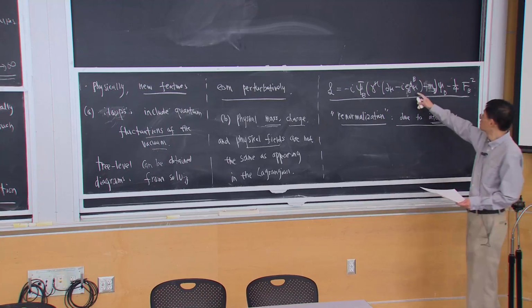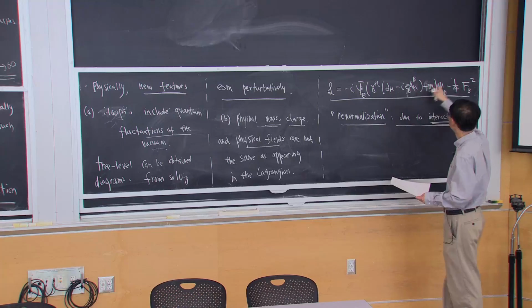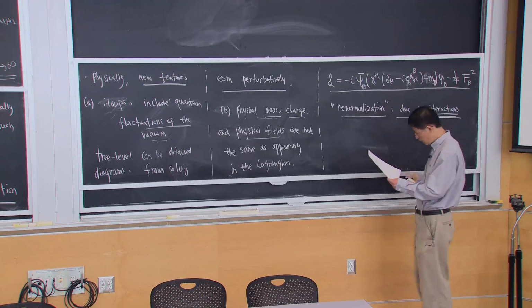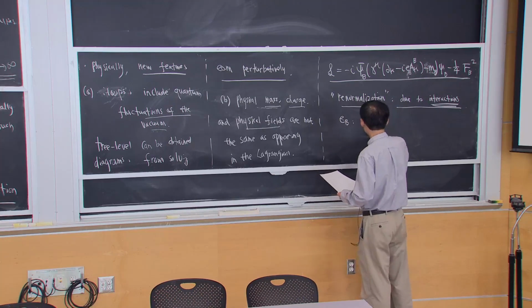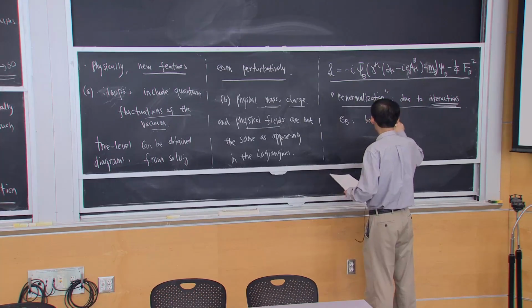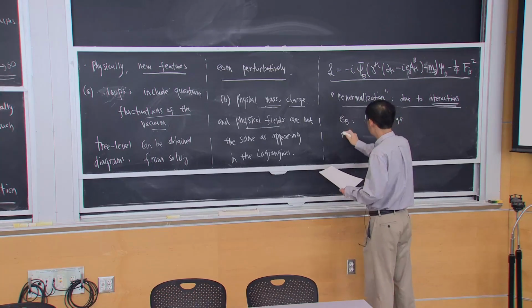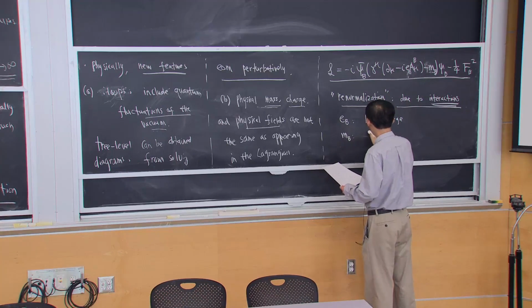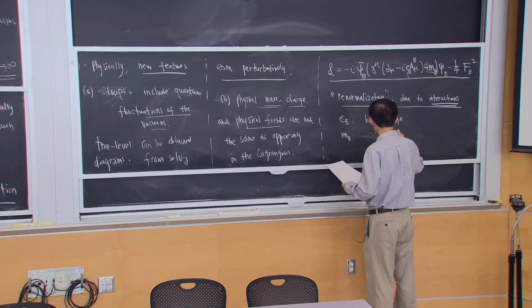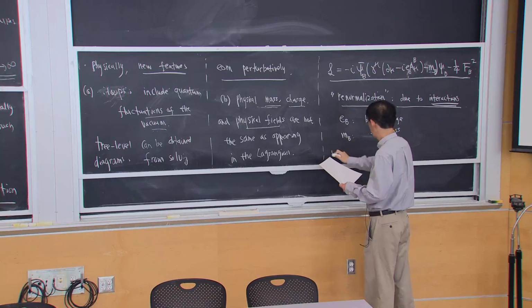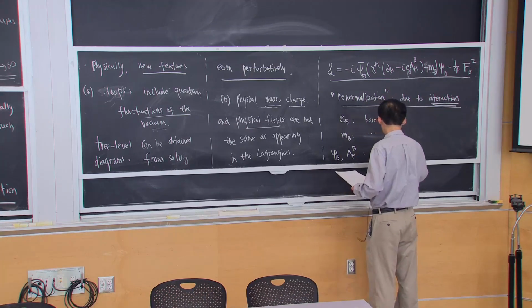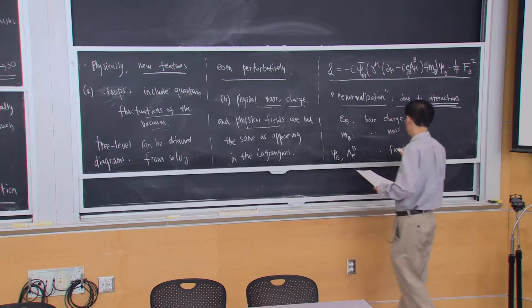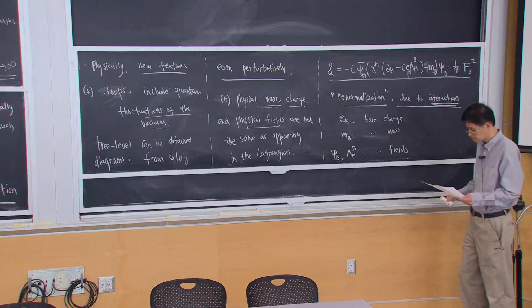So now I denote everything with a B. Those are called the bare parameters. So e_B is called the bare charge, m_B is called the bare mass, and psi_B and A mu B are called the bare fields.